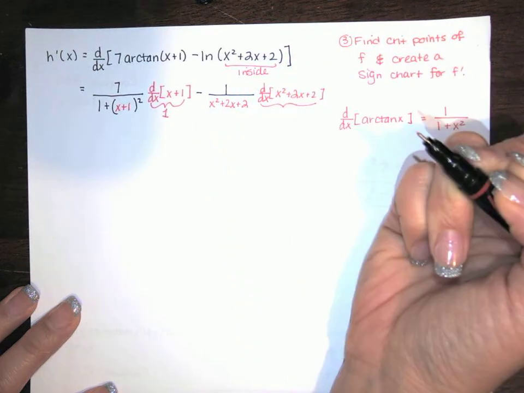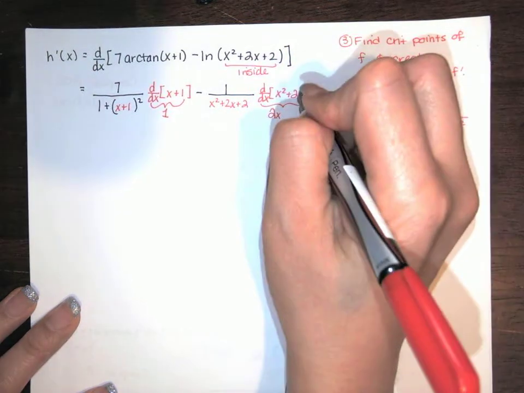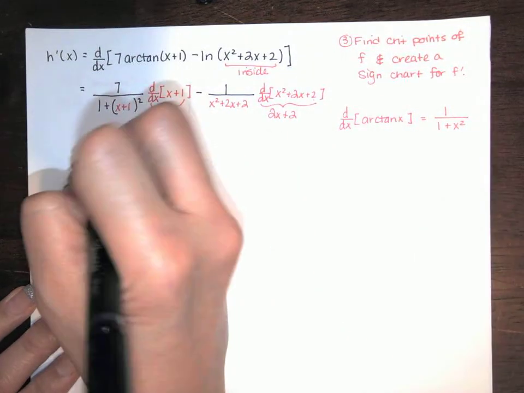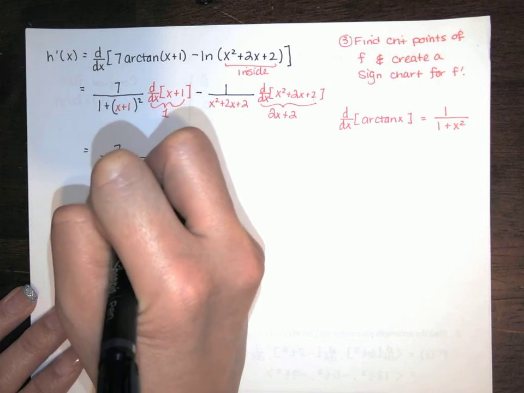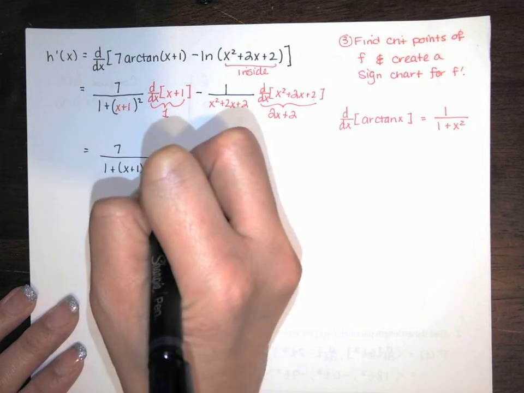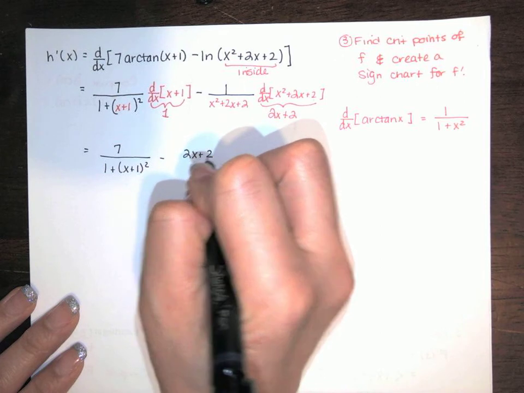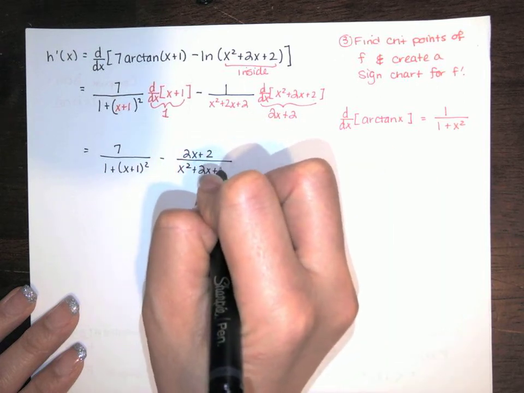And the derivative of this turns out to be 2x, it's derivative of that piece, plus 2, and the derivative of 2 is 0. So we end up with this. We have 7 over 1 plus the quantity x plus 1 squared minus 2x plus 2 over x squared plus 2x plus 2.